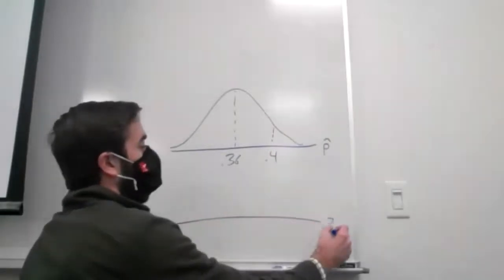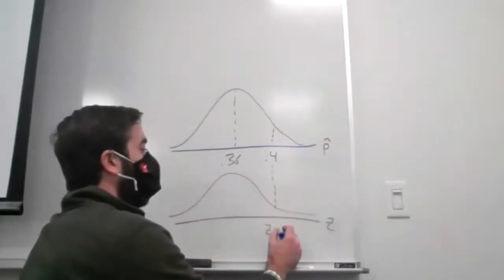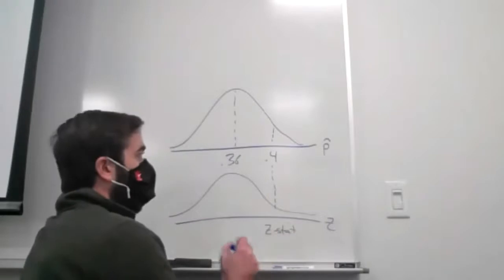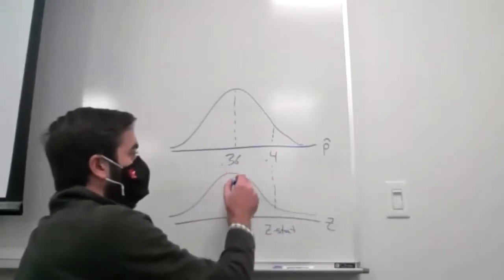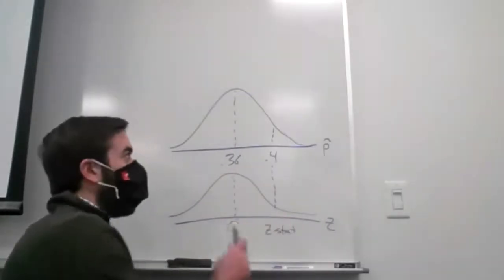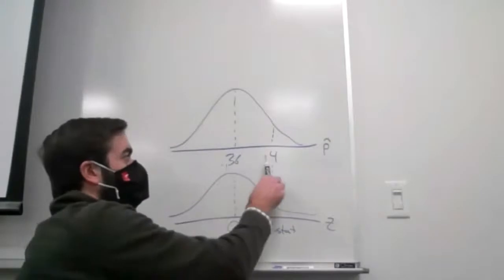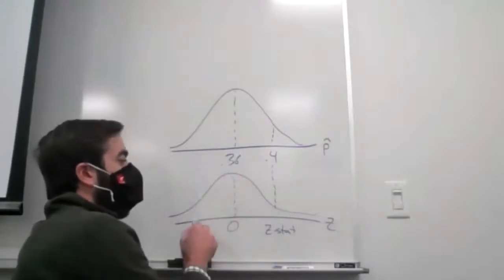If I'm turning this into a test statistic, what I'm really doing is turning it into a z-value, a z-statistic. This assumed true mean would have a z-statistic of 0. Same idea we talked about before: if I see something above this assumed true value, positive test statistic. If I see something below it, negative.